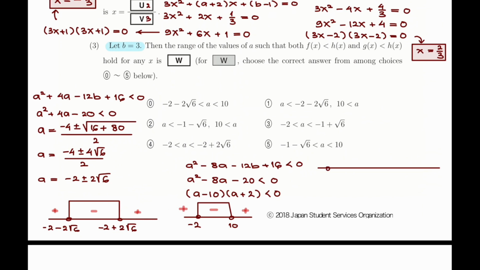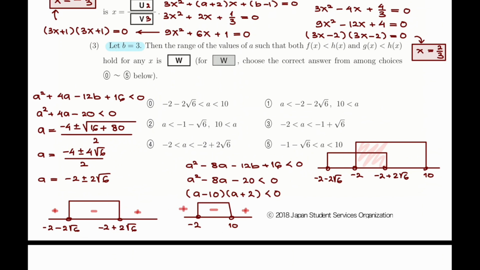Negative 2 minus 2 root 6 is here, and then we have negative 2, negative 2 plus 2 square root of 6, and then 10 over there. The first one is this one, and the second one is this one. Of course, the intersection is here. You can see, yeah, this is the intersection.